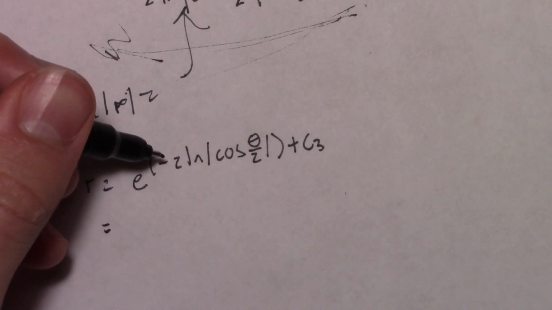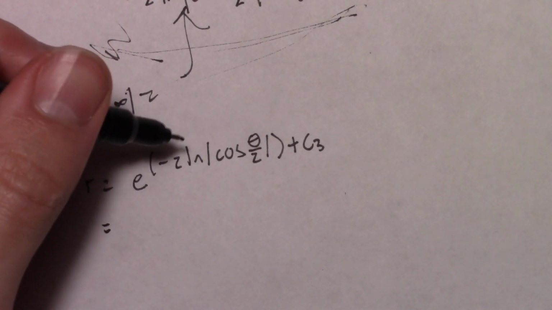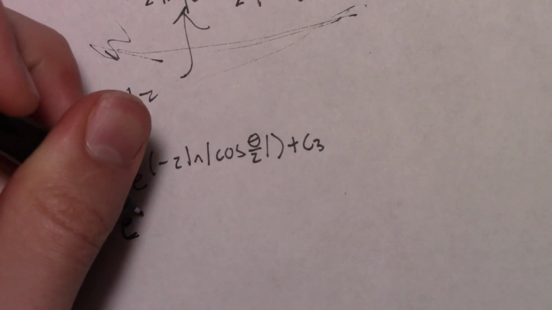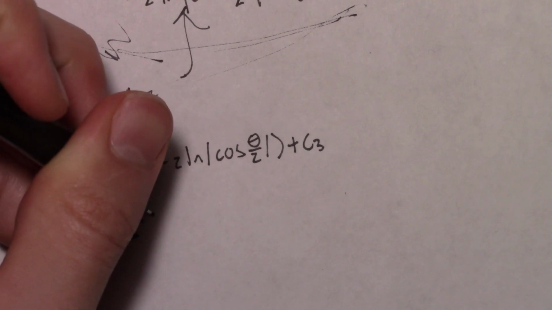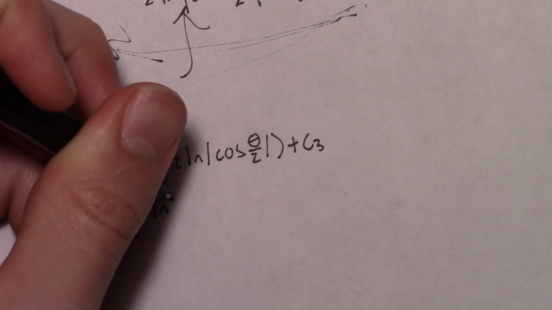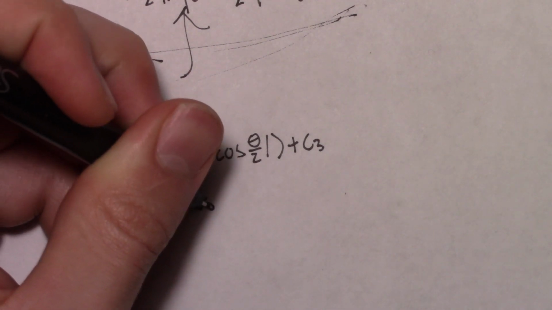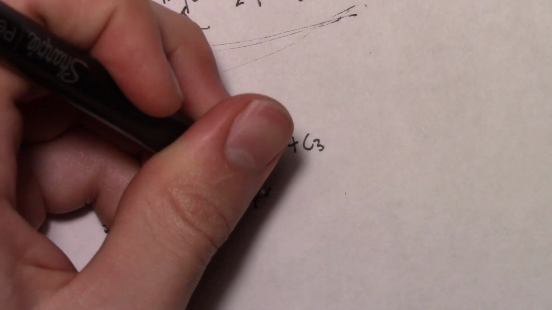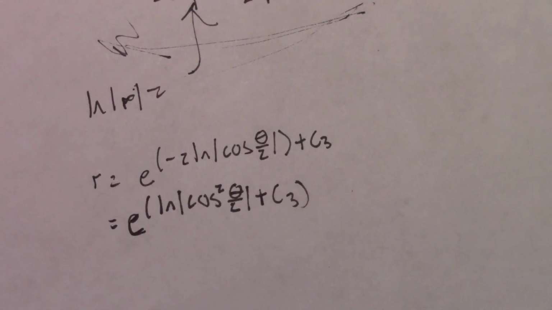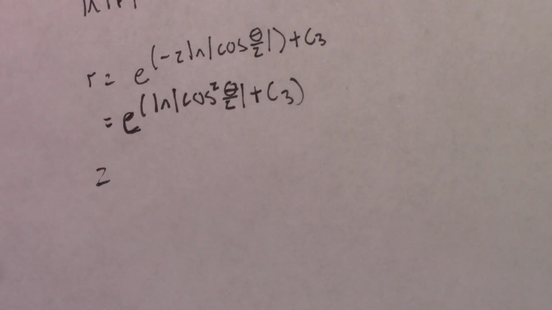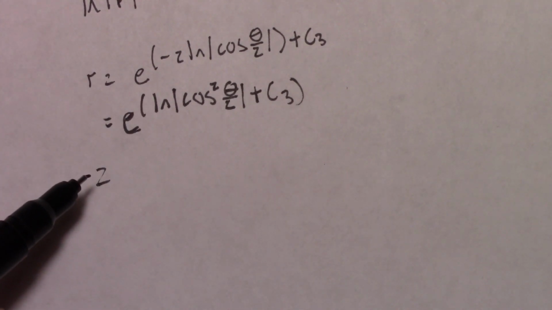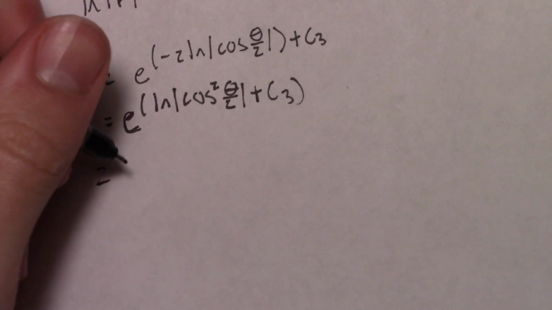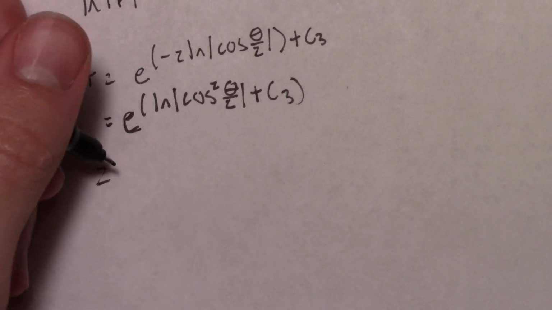Negative 2 can be brought into the logarithm. e to the ln absolute value cosine squared theta over 2, plus C3, proper parentheses this time. Expand it out first.